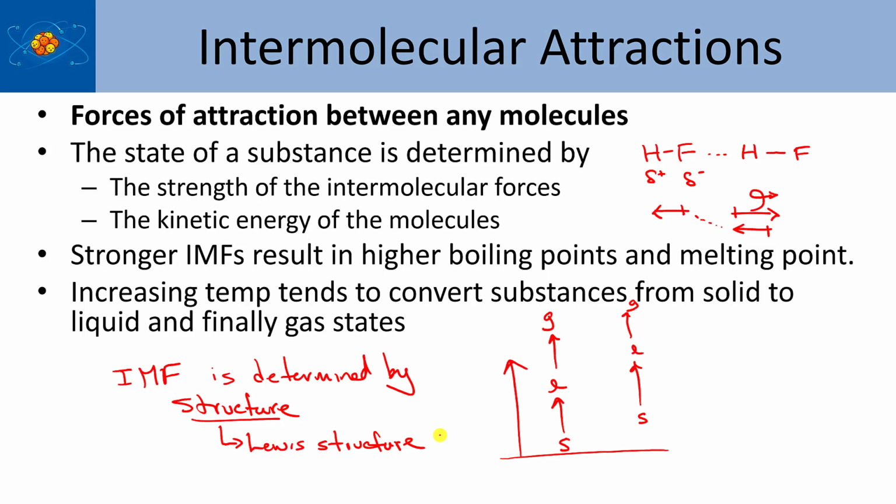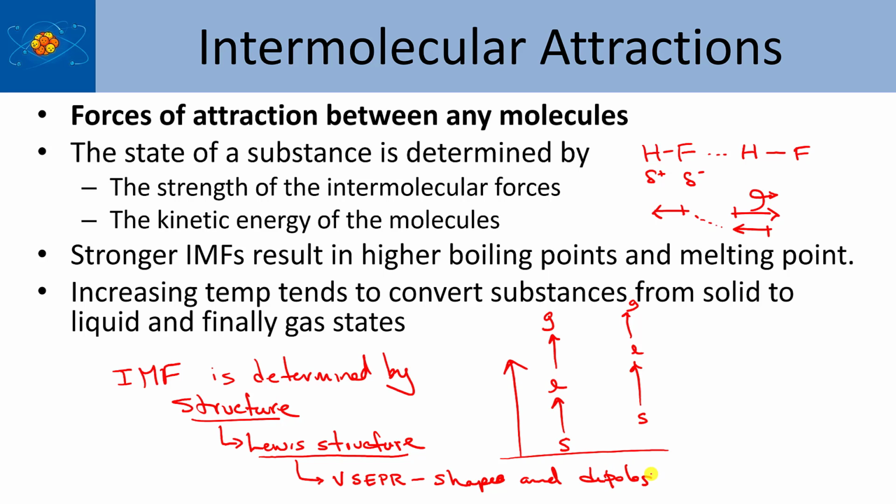Beyond that, if we want to know whether or not something has a dipole, which is one of the intermolecular forces that we talk about, then we have to look at electronegativity, and we also have to look at shape. When we're talking about Lewis structure, we're just talking about bonds, but then further we have to go to VSEPR theory, and then we're looking at shapes and dipoles.